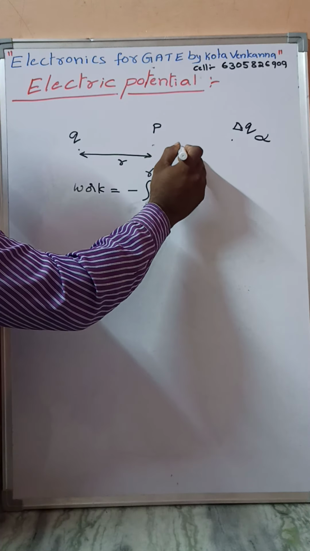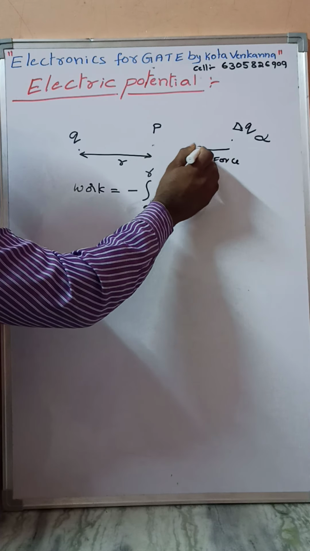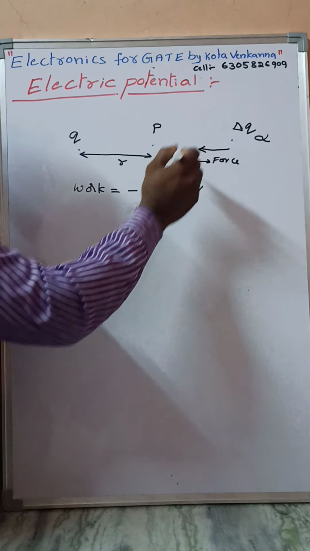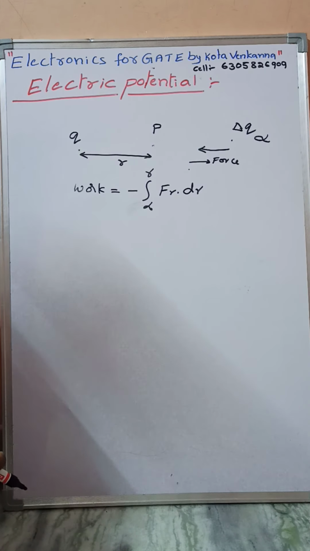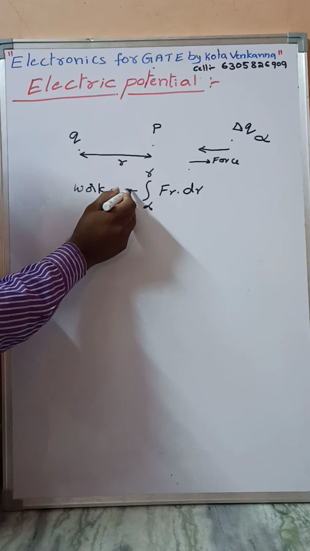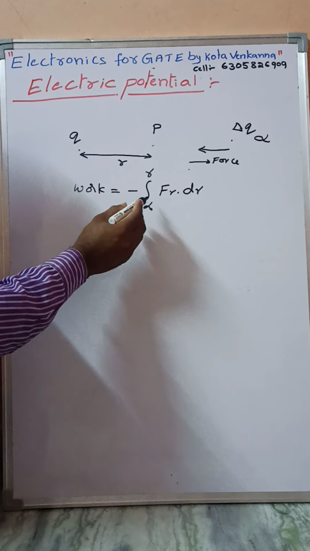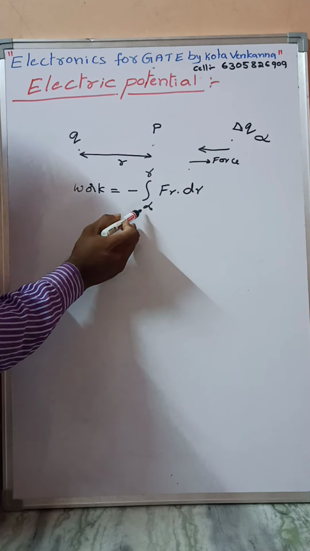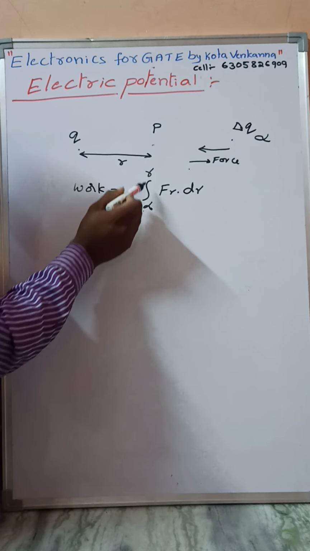Here is the force direction, and this is the test charge direction, so these two are opposite to each other. That's why the opposite direction is represented with minus, and the limits are from infinity to r.